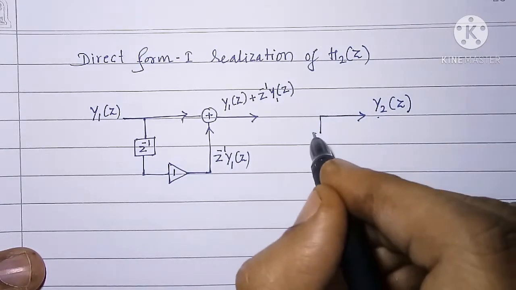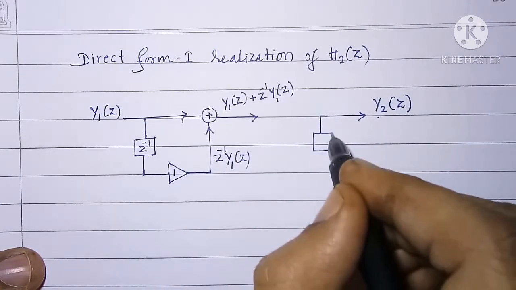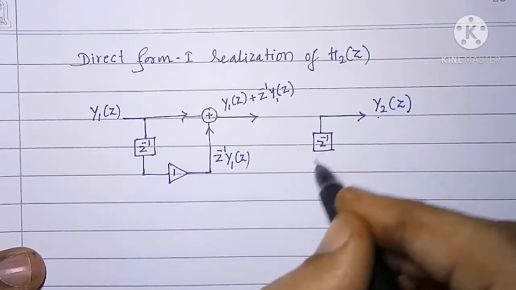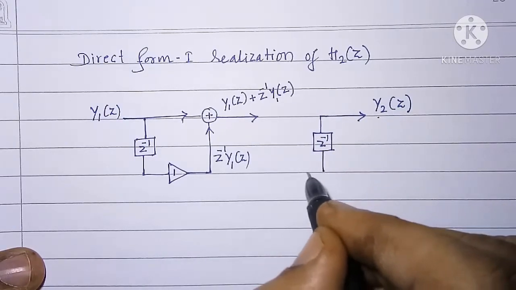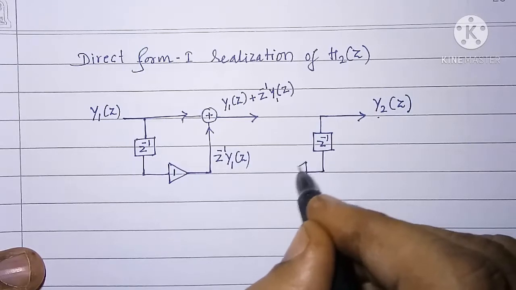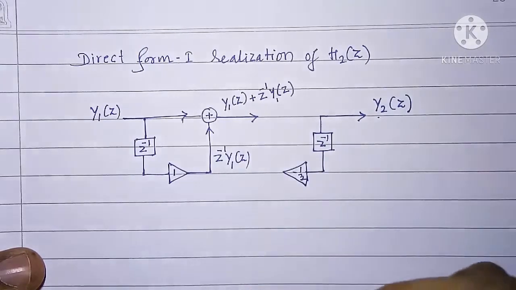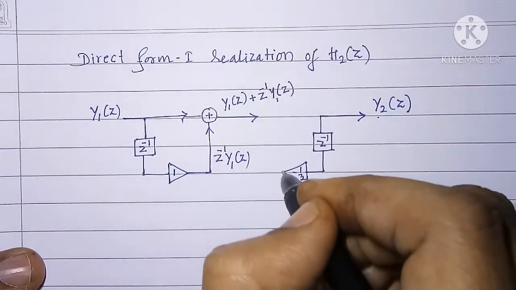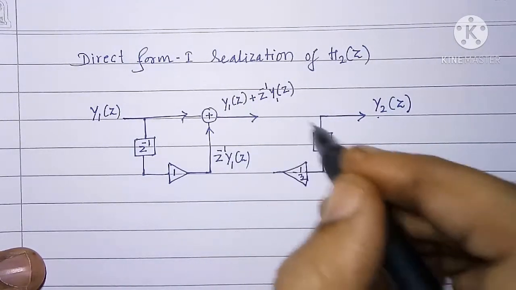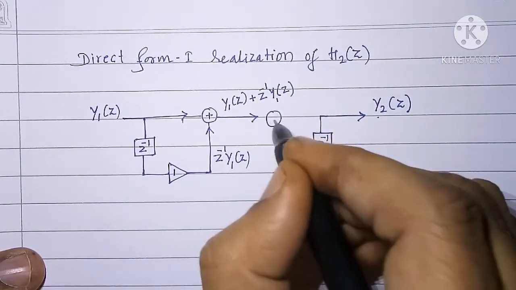So show here one delay box, and then in the gain box you show minus half, and show here one adder.